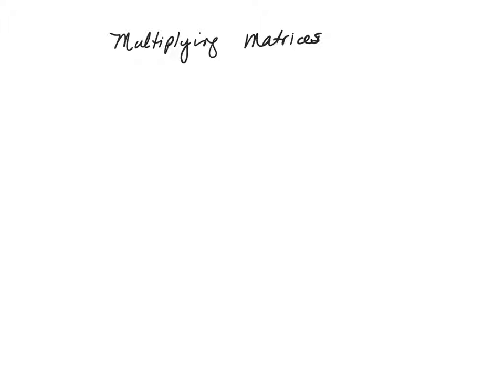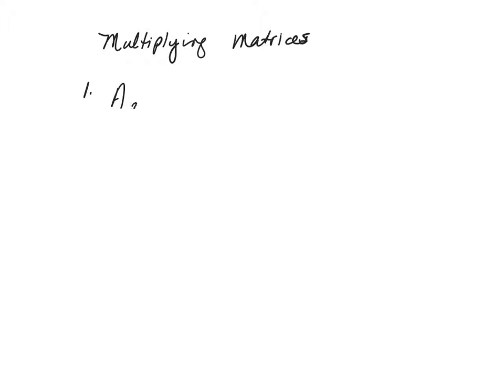Let's look at number 1. It says matrix A is a 2 by 5, and matrix B is a 5 by 1.